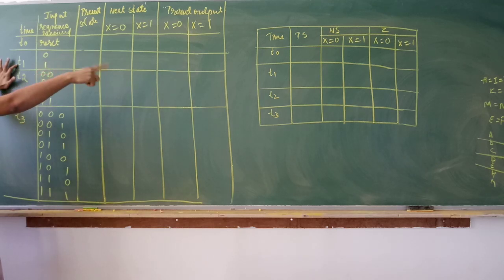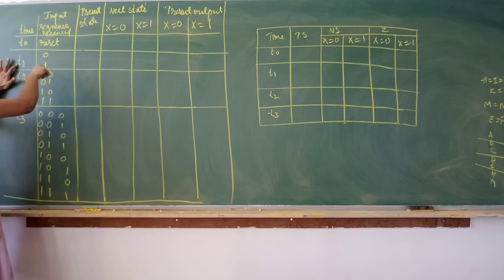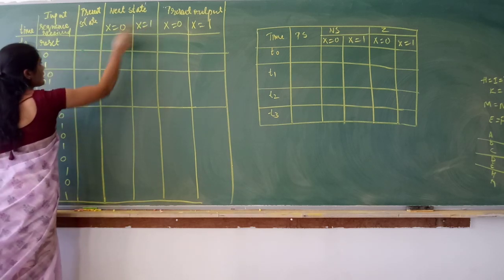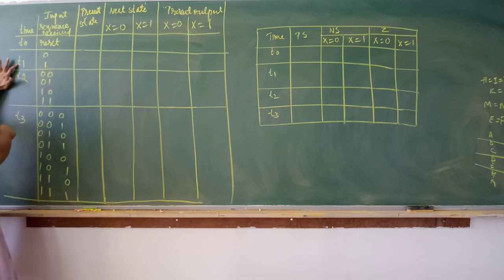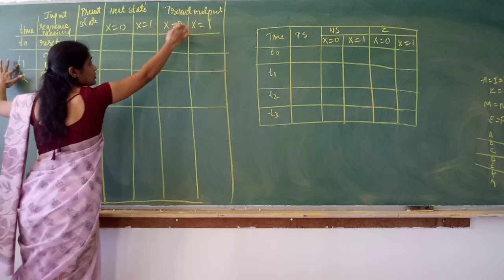The logic that I have erased, you should remember: at time t1 0 0 0 1, 1 0 1 1, that means 1 bit I already have. Now if the input is 0 0 0 1 or 1 0 1 1, like that we have to analyze. So now input, present state, next state, output when input is 0 or 1.